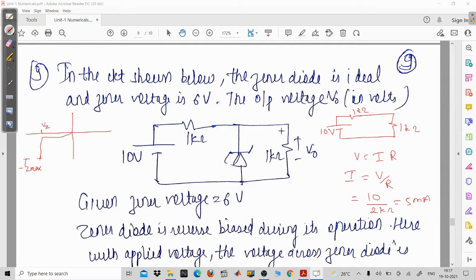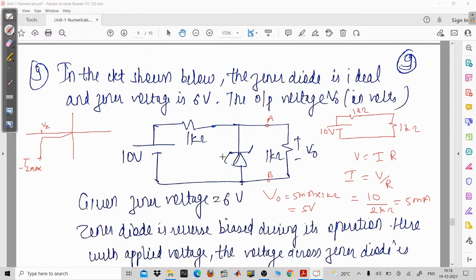Now, if you have to find the voltage across this resistance, V0 will be equal to what? That is 5 milliampere into 1 kilo ohm. So in that case, it will be 5 volt. Now you can see the voltage across these 2 points will be 5 volt only, and this same voltage appears across your Zener diode.